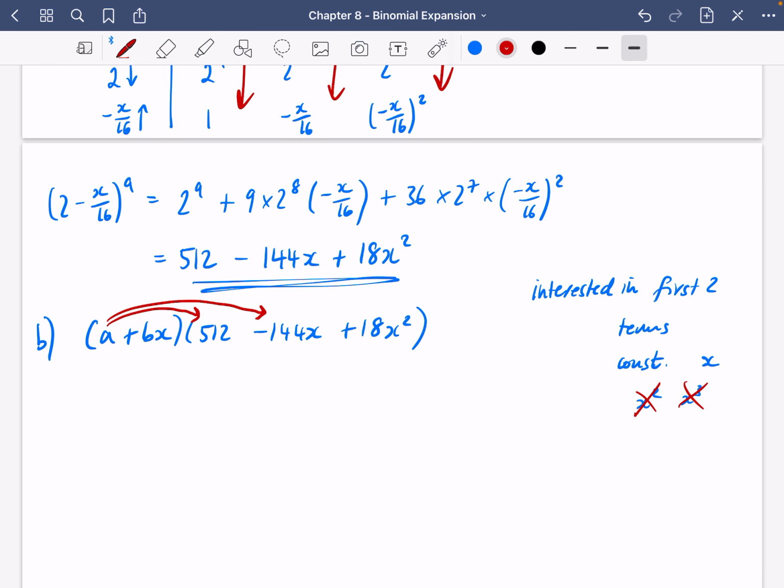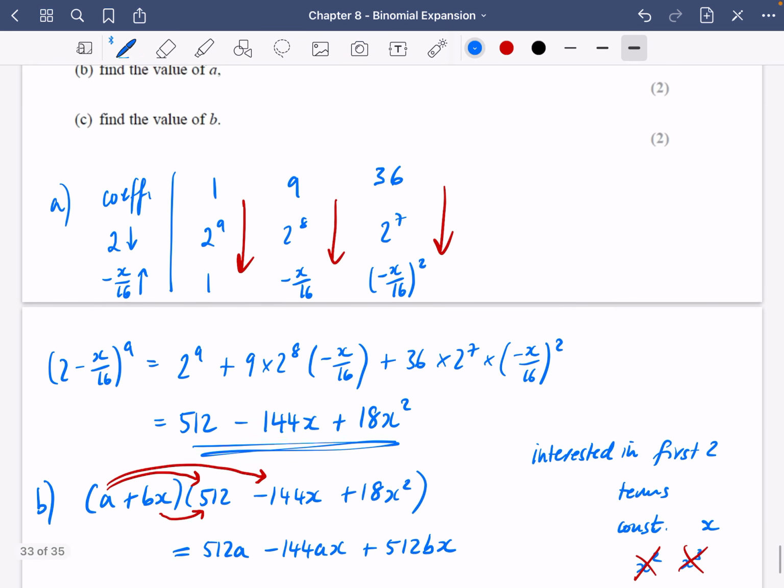That's going to give me constants and x's. And I'm just going to do the bx times the 512. Because if I did the bx times this, I would get an x squared, and if I did it times this, I would get an x cubed. So I'm just going to do the ones with the red arrows. So this is equal to a times 512, that's 512a. And then I get minus 144ax. And then I get 512bx.